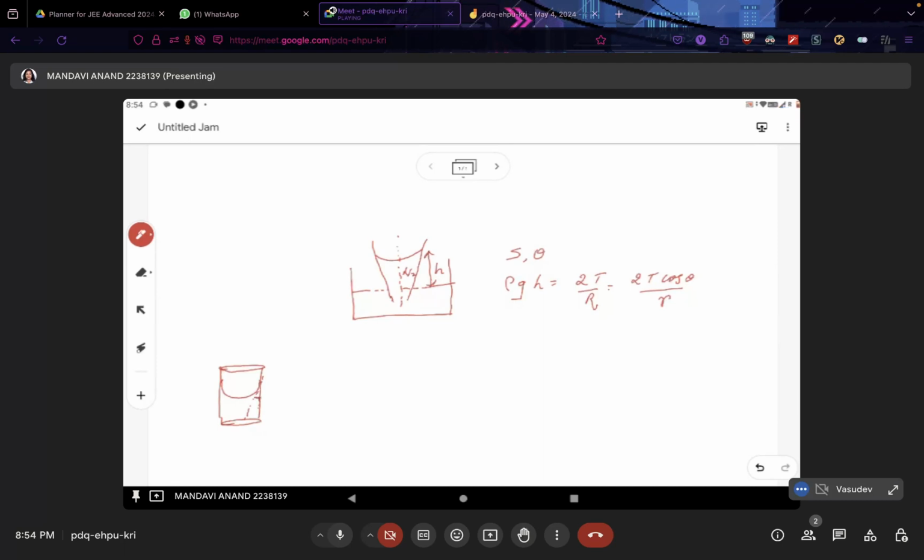Yes. And if the contact angle were theta, then the total angle will sum up to theta plus alpha by 2, right? Yeah, that's where I was going. Exactly. So what we have to do is obvious now. Instead of theta, we write theta plus alpha by 2, right? That's it. That solves the question.